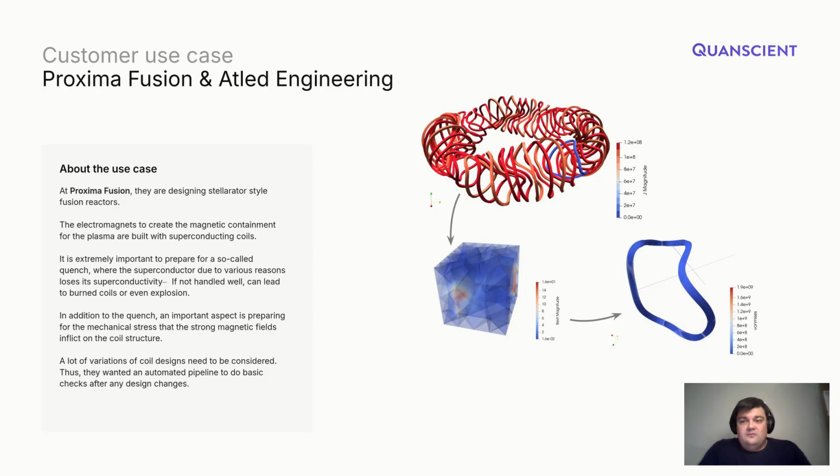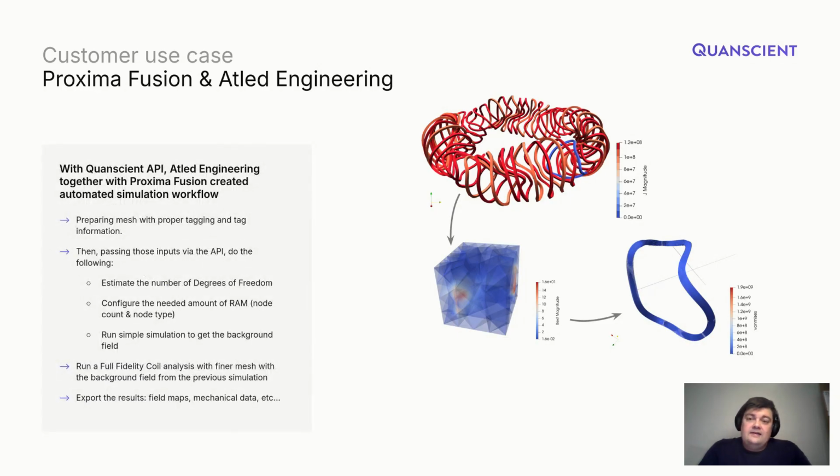So here's what Proxima Fusion and Atled Engineering did. On their part, they wrote all the meshing and tagging of that information, and then passed that to the Quanscient API. They first estimated the degrees of freedom of the problem, then automatically selected the amount of RAM needed, and then ran the first phase of simulation where they calculated the background field.